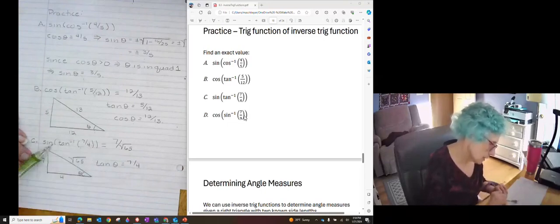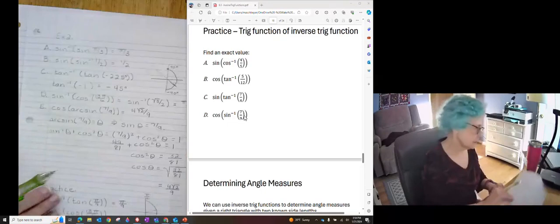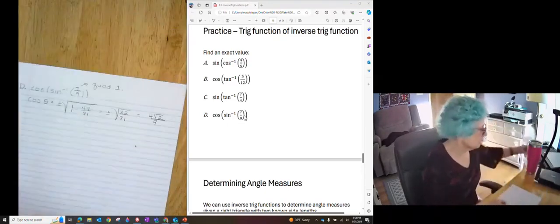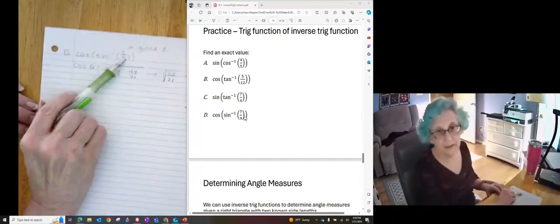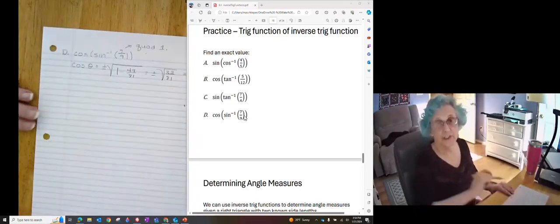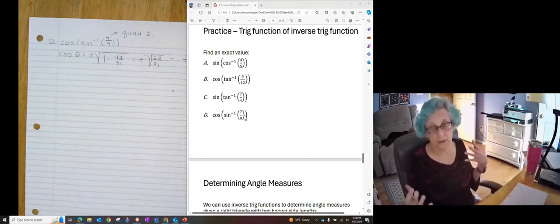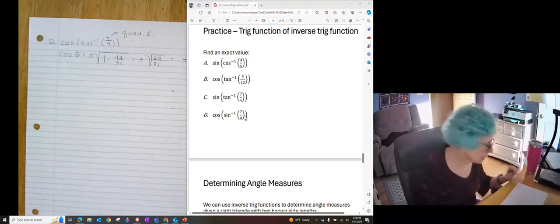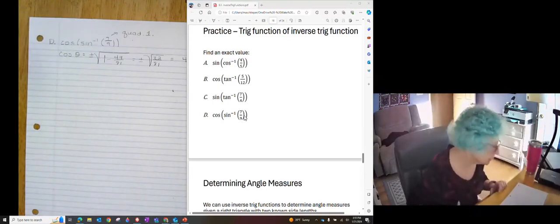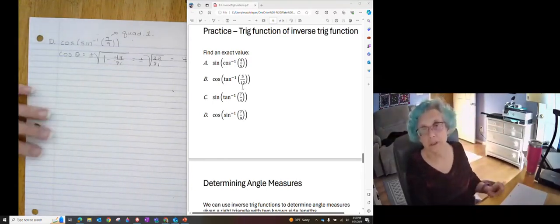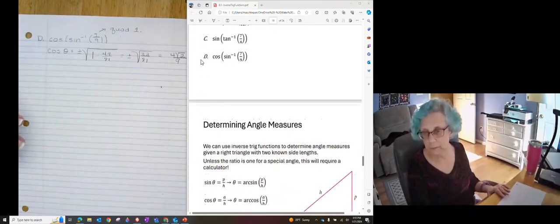So sine is opposite over hypotenuse. And then the last one, since we're doing inverse sine of 7 over 9, that means theta lives in quadrant number 1, and so cosine is equal to 4 times the square root of 2, over 9.